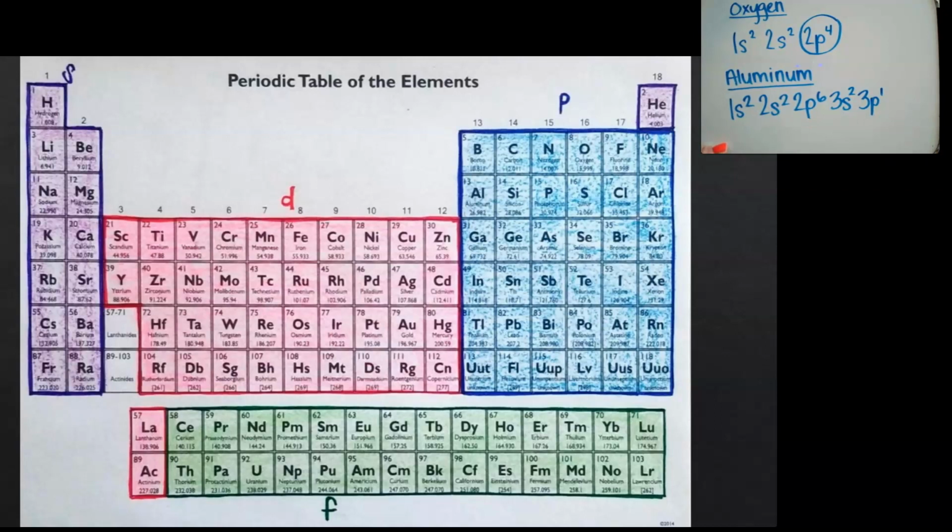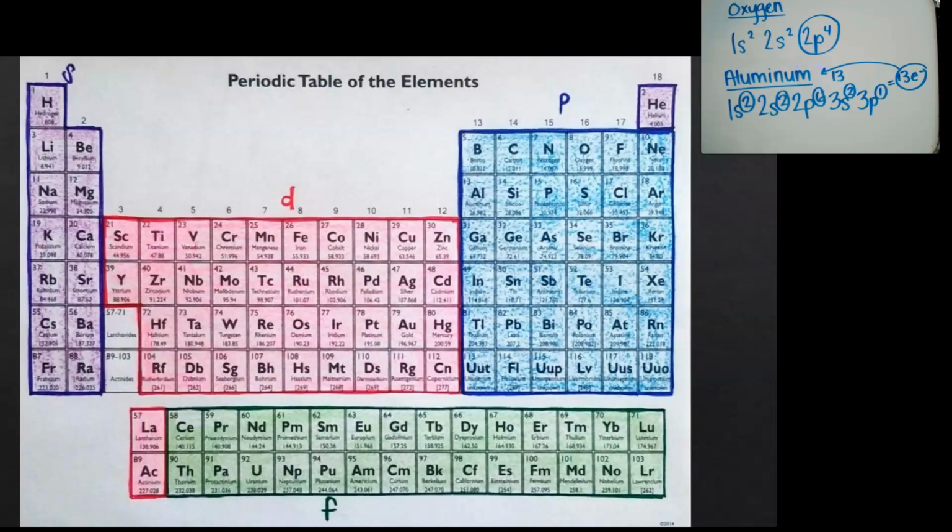And now, if I want to check, which you always should, I'm going to do 2 plus 2 plus 6 is 10, plus 2 plus 1 is 13 electrons. And if I go look at aluminum, I would find that its atomic number is 13. So I've done it. I have configured aluminum correctly. And so in this way, you can predict the last piece of each of your electron configurations.